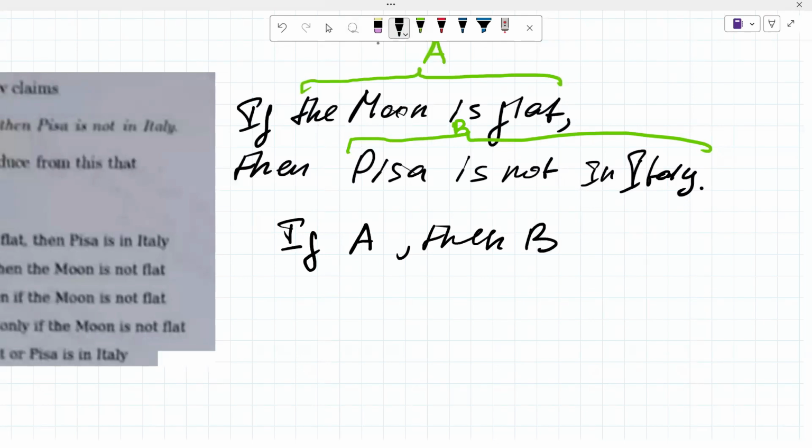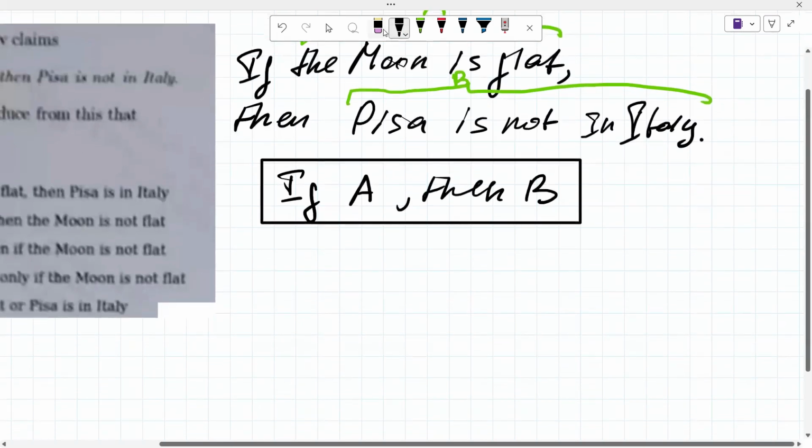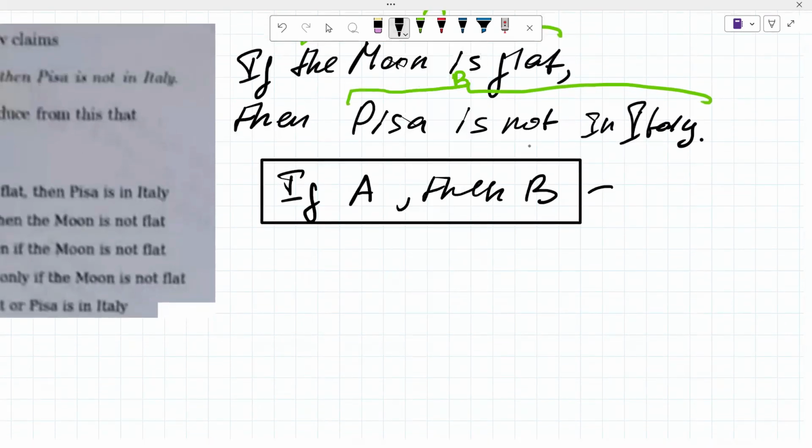Anytime you have a conditional statement, you should know that the contrapositive of the conditional statement is also true. Assuming that this is true, the equivalent for the conditional statement is called the contrapositive statement. I will write it with red.